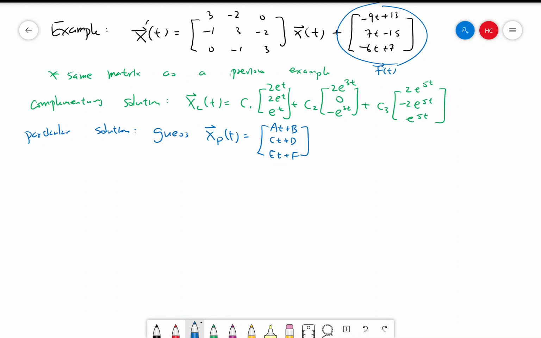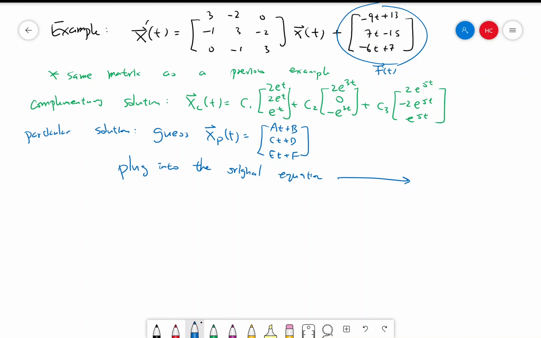So once we made the guess, we just plug it into the original equation. Because there are 6 variables, it's a little tedious. We're not going to go through all the linear operations here.